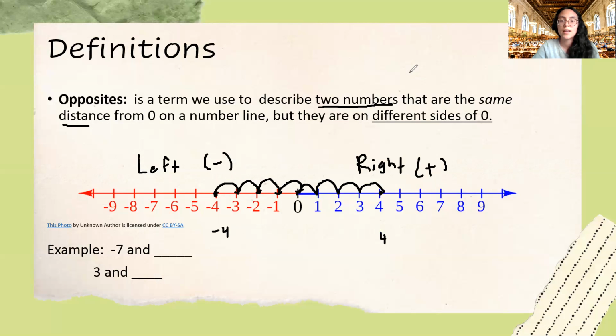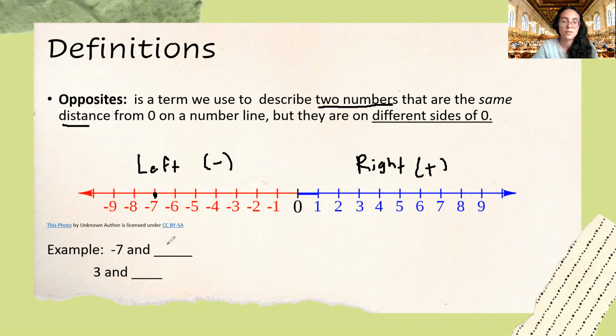So let's go ahead and do these two examples on the bottom. We're given -7 and we're asked what is the opposite of -7. -7 is on the left side of zero, and it is 7 units away from zero, and you can count this going 1, 2, 3, 4, 5, 6, 7, and so we need a number that is to the right of zero, and that will be +7.